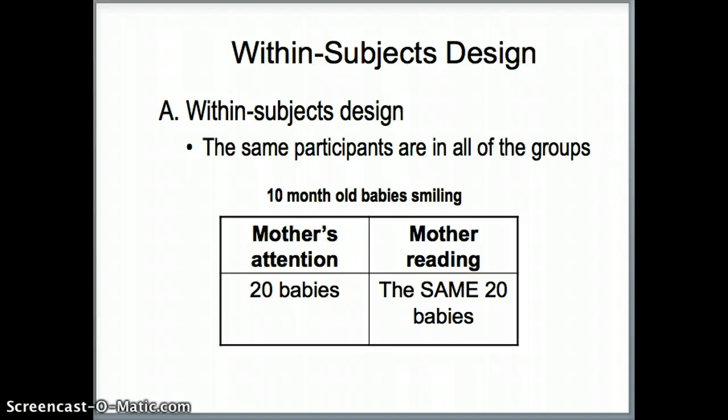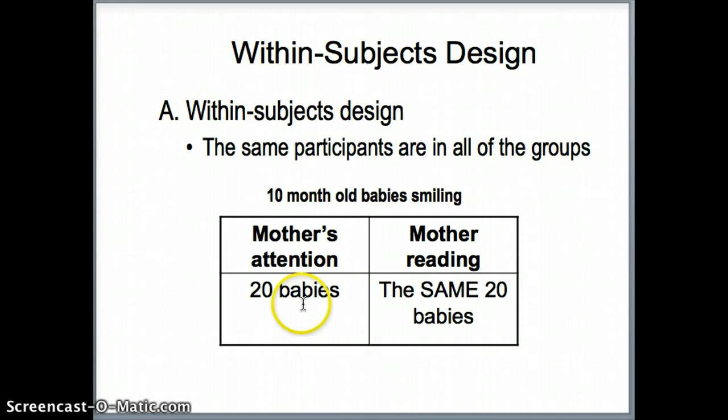Is it a tool babies use to try to keep mom interacting with them? So, we had 10-month-old babies, and we were measuring smiling under 2 different conditions. The participants are in all of the groups. So with a within subjects design, participants are in all conditions, all levels of the independent variable.